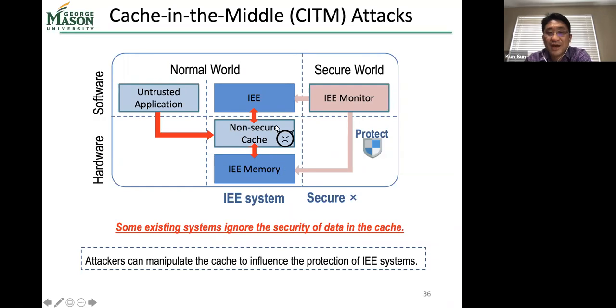But the cache is now a non-secure cache, because this IEE is running in the normal world, so it can be accessed by an untrusted application or the untrusted OS. They can write to this cache by mapping to the same physical address.